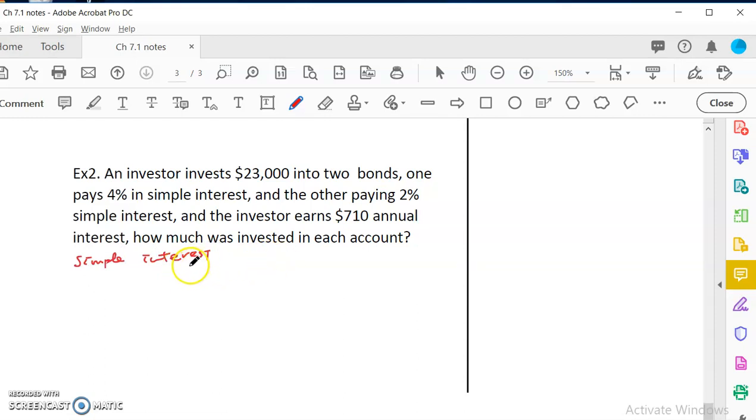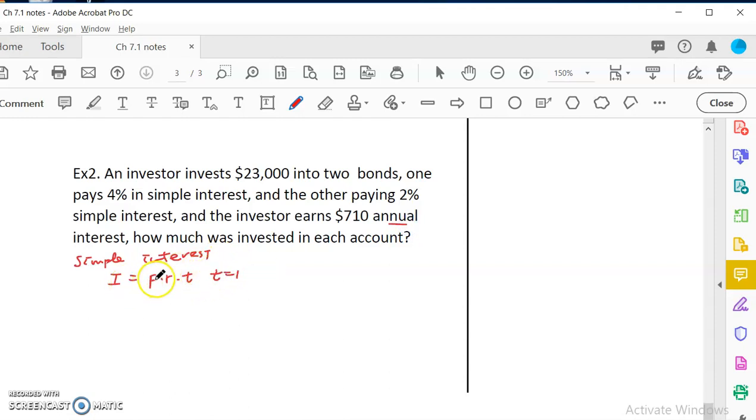So per year, I suppose it's per year. The interest is P times R times time, right? So assuming annual rate, that means time is equal to 1.